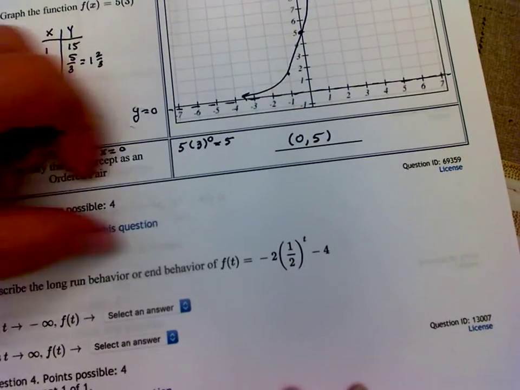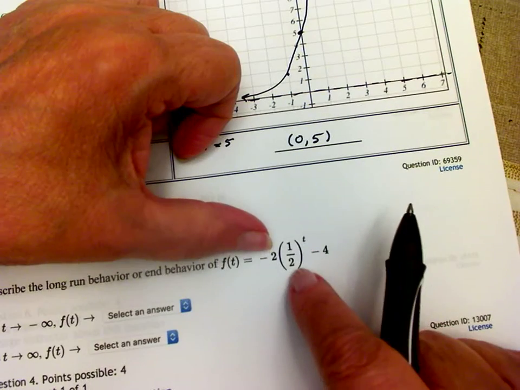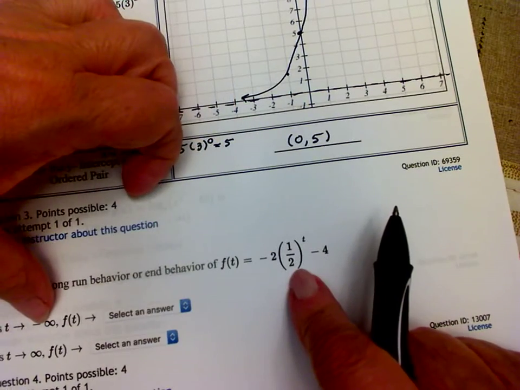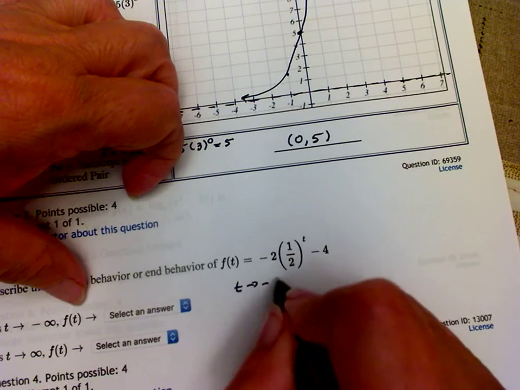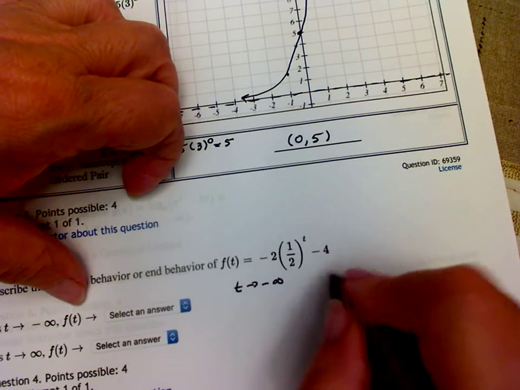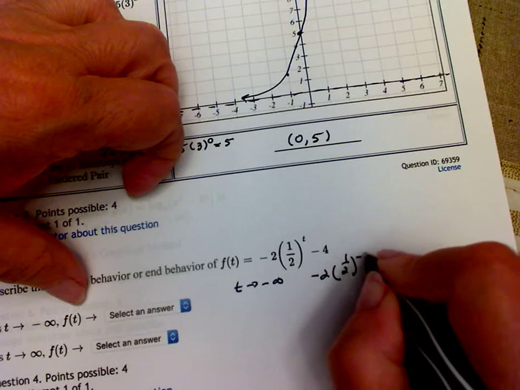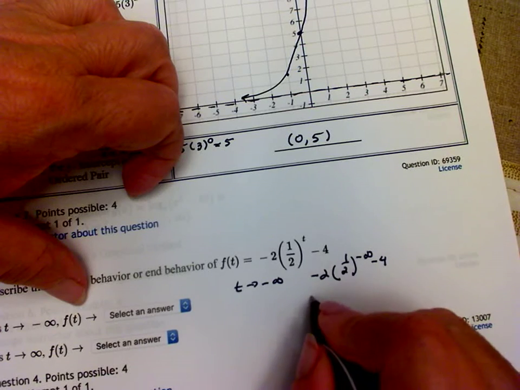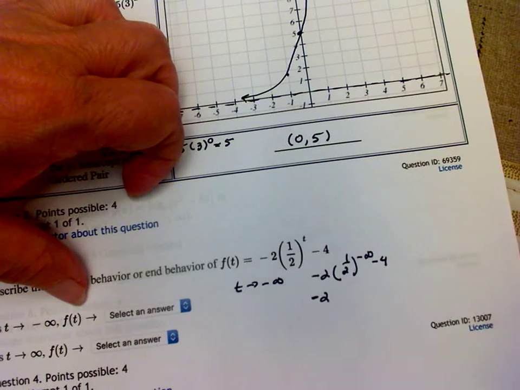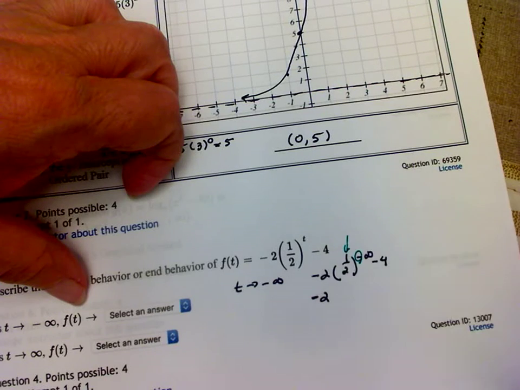Describe the long-run end behavior of this function. Well, we're looking at t. So as t goes to negative infinity, I'd have negative 2 times 1/2 to the negative infinity, minus 4. What this negative does, it flips that fraction.